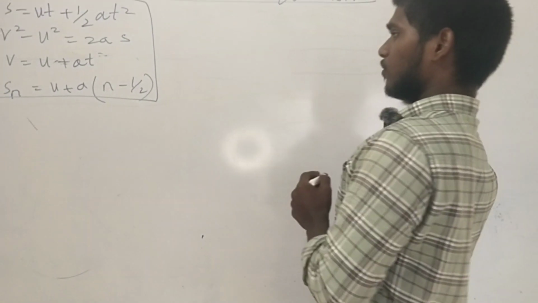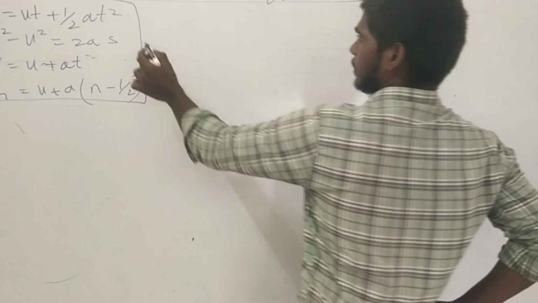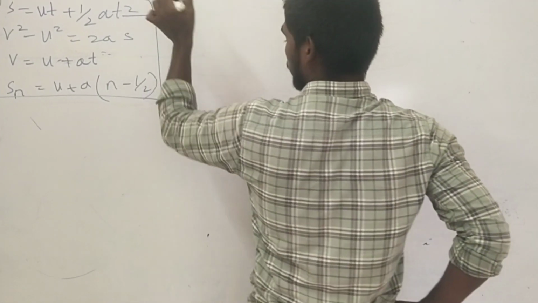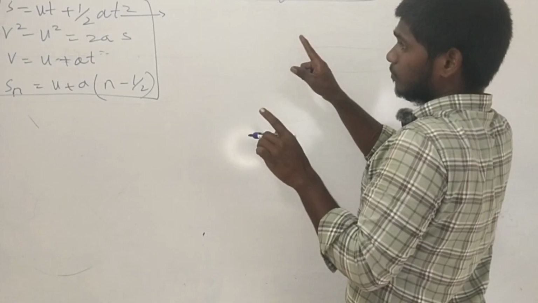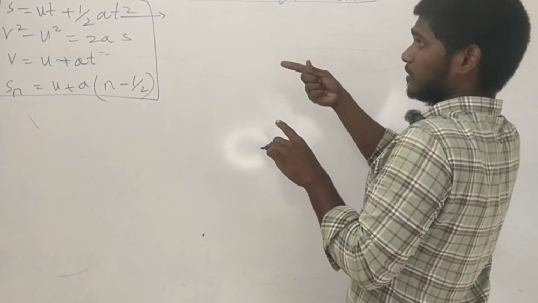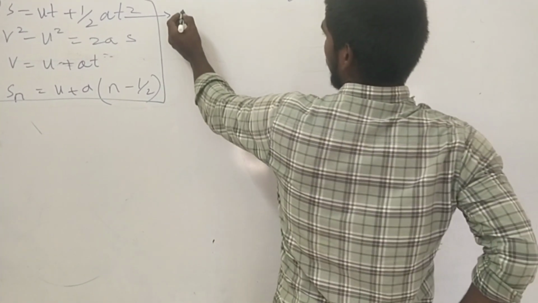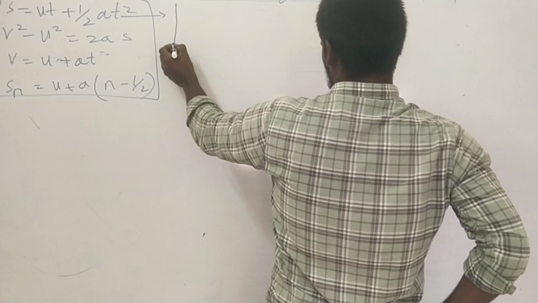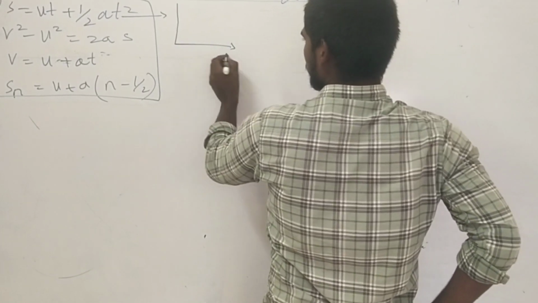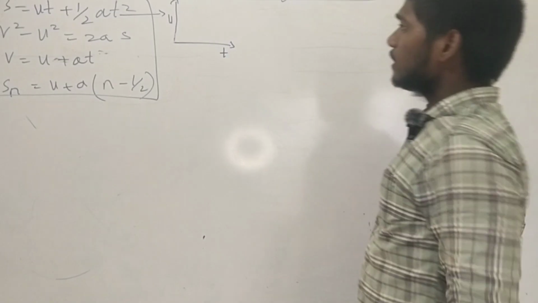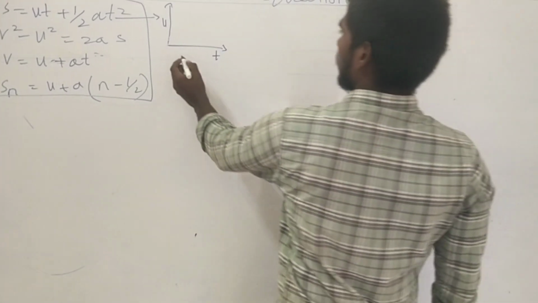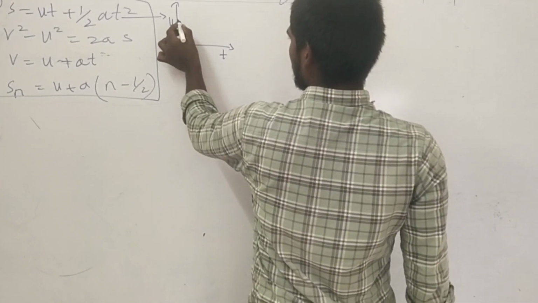Okay. First I am going to derive this formula by using a graph. After the graph, I will also derive this formula by using the calculus method. Let's see first by graph. This is t, this is u. Suppose for example, take this type of graph.